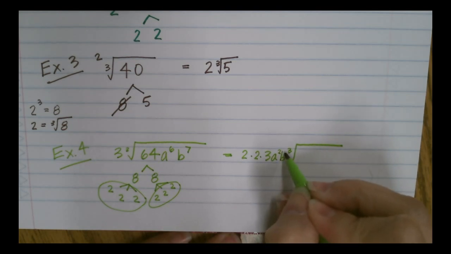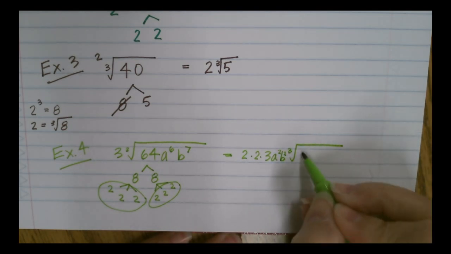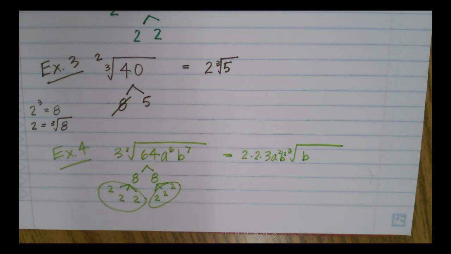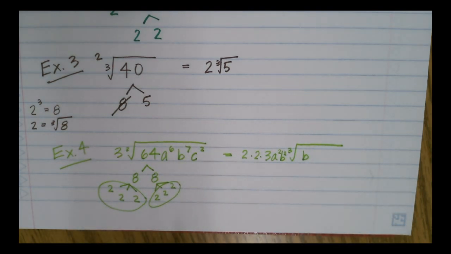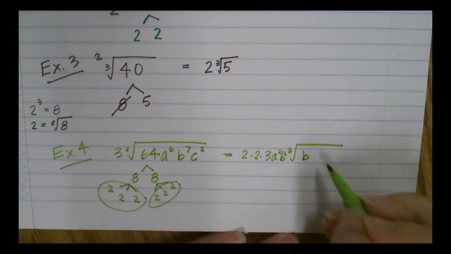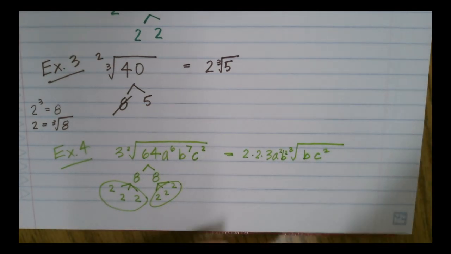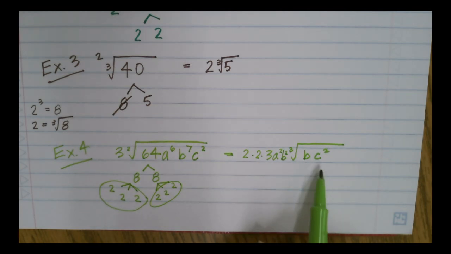I can make 2 groups of 3 with 1 b left over. And let's say we had a c squared here. How many groups of 3 can I make with c squared? I can't make any, so the c squared stays inside the cube root, and I don't have a c on the outside.